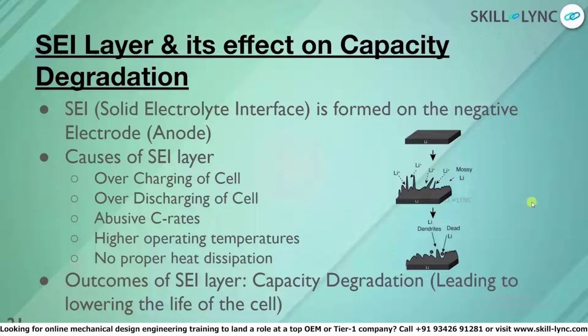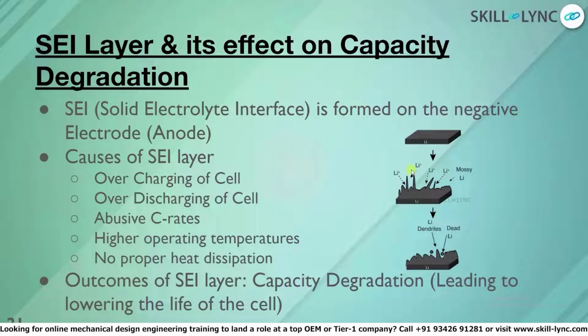And let's get a little bit into the basics of cell. We have a cathode, which is a positive electrode, which is a composition of LFP or NMC, and we have an anode which is basically of graphite and carbon. So during charging, what happens is all the lithium ions move from cathode to anode and they sit onto the anode.